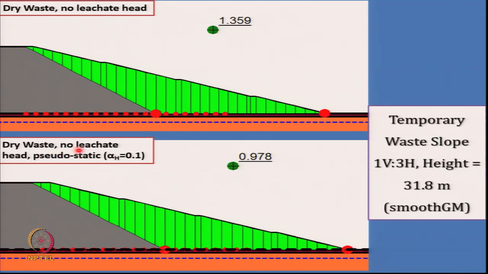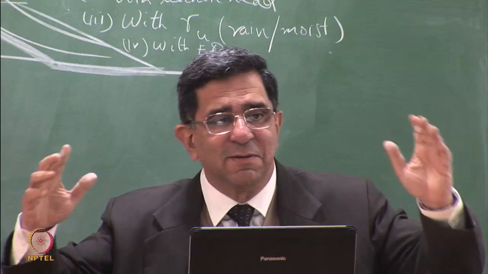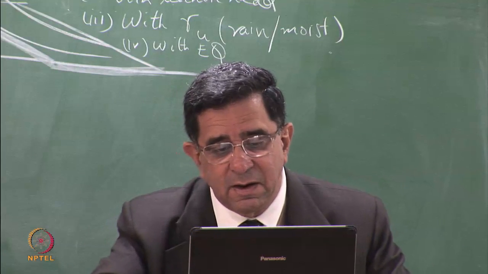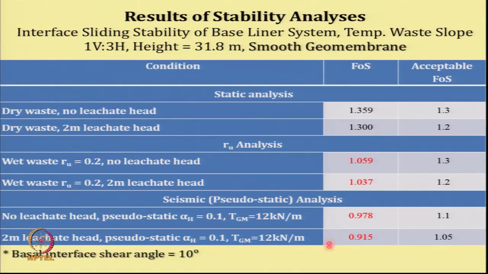But dry waste, no leachate head, pseudostatic method falls to less than 1. So that is the problem, that because we had a 10 degrees here, the slope is not stable. If the waste is full and an earthquake comes, then it can just slip off the base geomembrane. And all these red marks came out of the two wedge analysis.